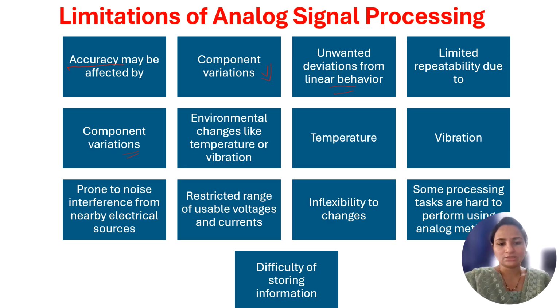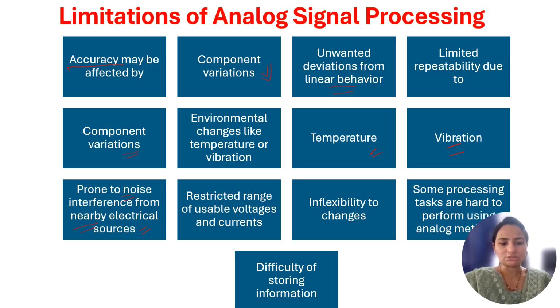Next, as temperature increases, environmental changes lead to changes in the temperature. So we have temperature and vibration effects in analog signal processing. We also have one more limitation: it is prone to noise interference, from nearby electrical sources, which will affect our components.